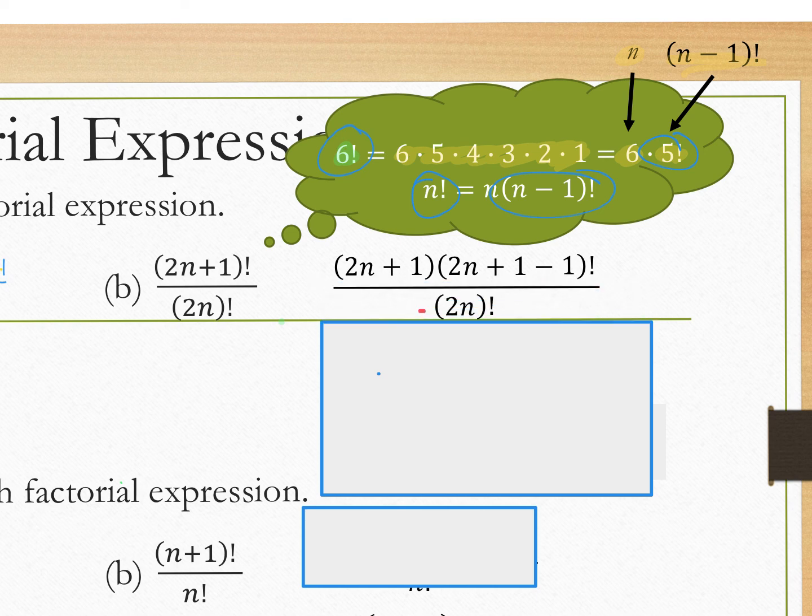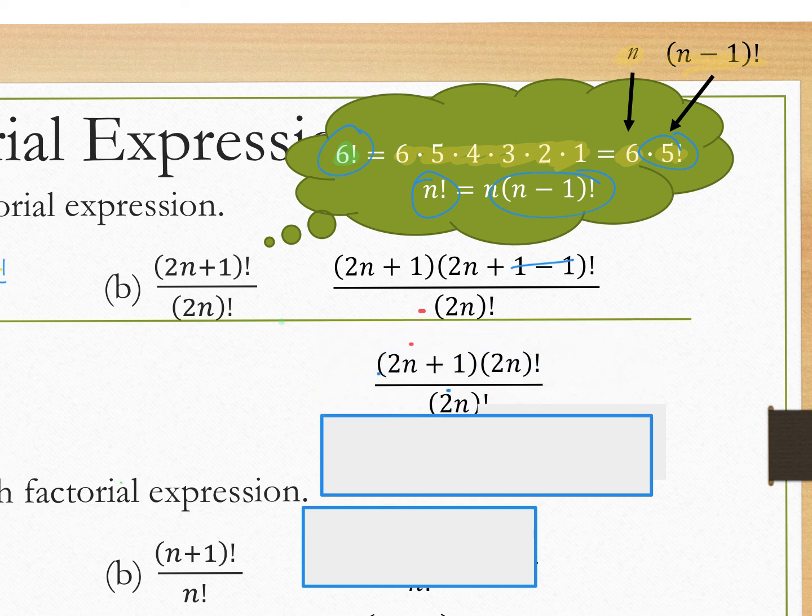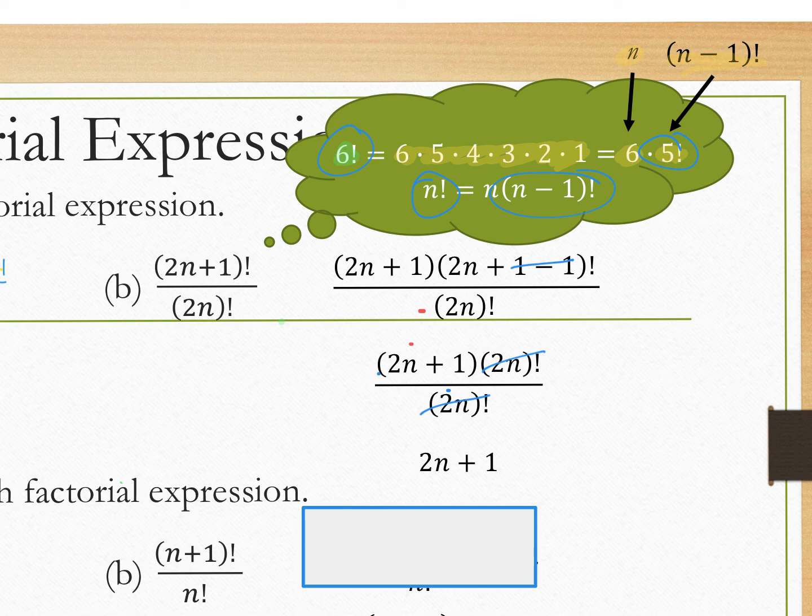In the denominator, we want it to be 2n factorial. Okay, so notice that when we simplify here, the 1's cancel out. And do you see how now we have our 2n over 2n, right? So now we can cancel out the 2n's. And so we're left with our final answer, 2n plus 1.